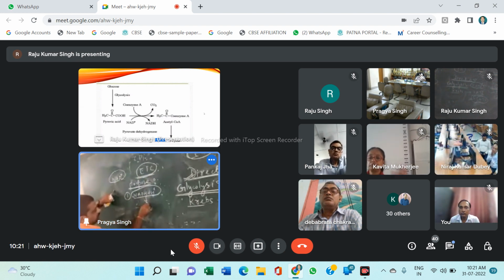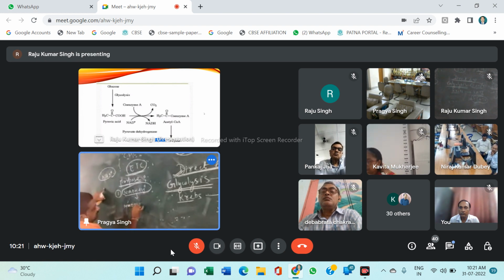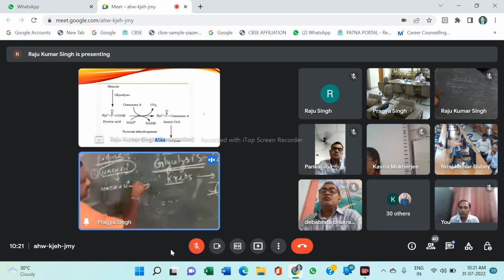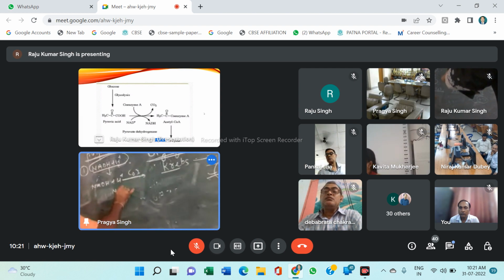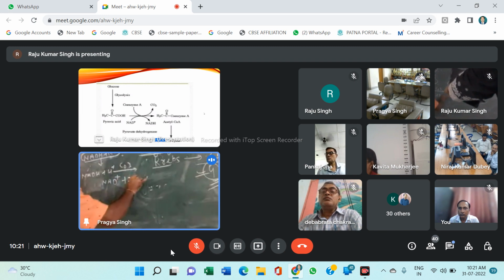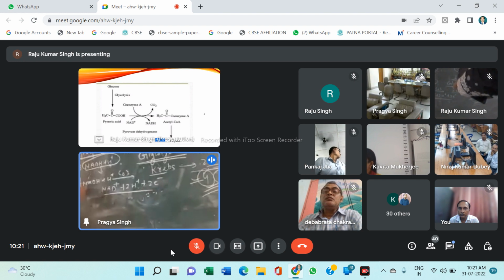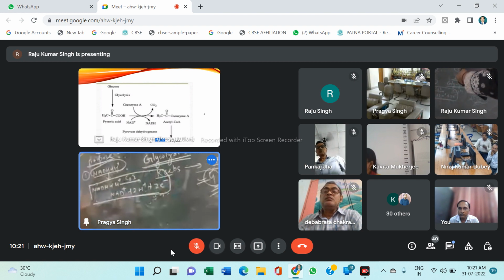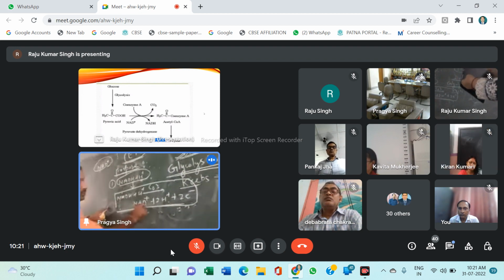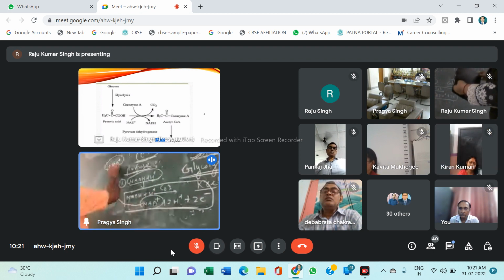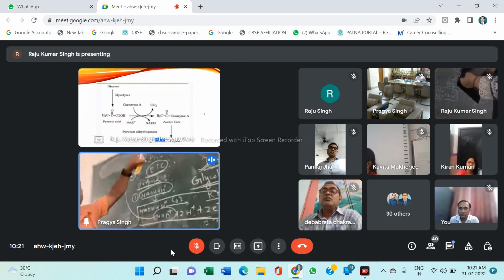This NADH plus H plus undergoes oxidation in the ETC. So there will be formation of NAD plus, plus 2H plus, plus 2 electrons. This NAD plus is again reloaded in the matrix, and if it is reloaded, the Krebs cycle will again take place.